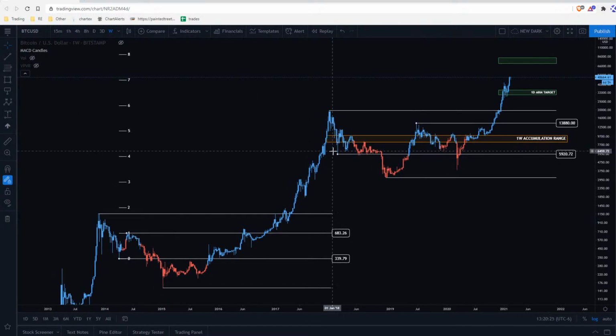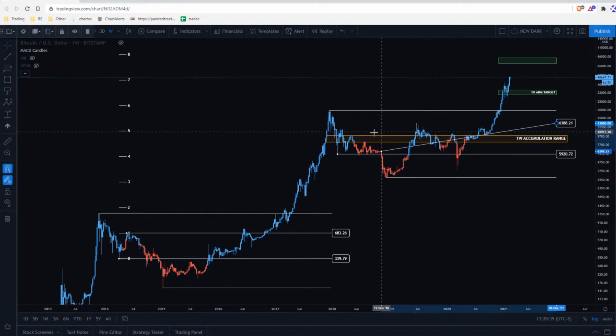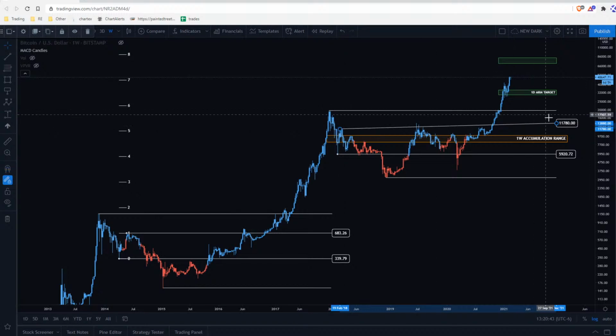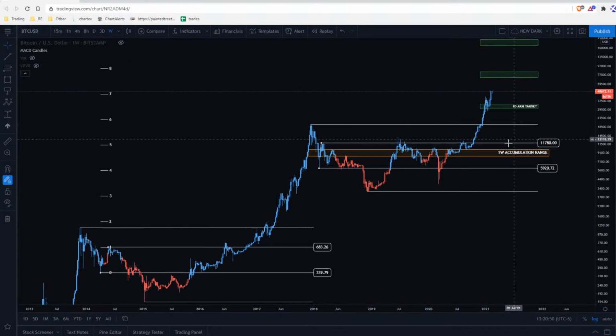I think the range is pretty clear here. I think it's also pretty clear that I grabbed essentially the same low right here. Our rally happened later. So you could potentially say that this is our rally right here, giving us a little stricter targets if we're going to pull the exact same range targets here.